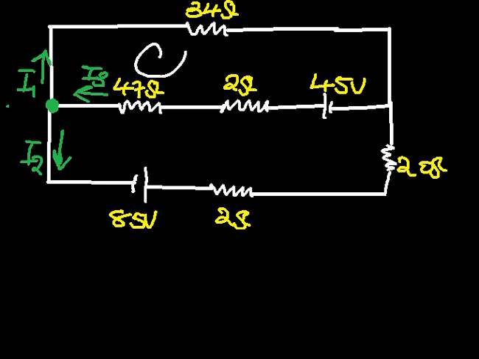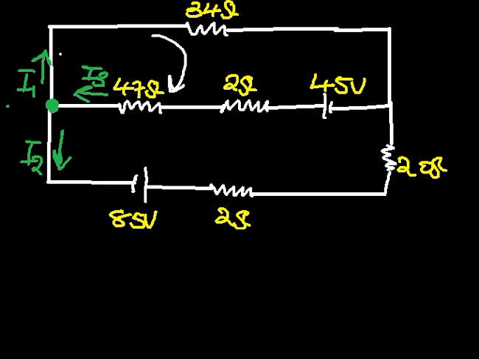Now we have loop 1 as well as loop 2. In this case, we have to assign the direction of the current in each loop the way the direction has been given. In loop 1, the current flow is in the clockwise direction. Hence, we indicate it like this.